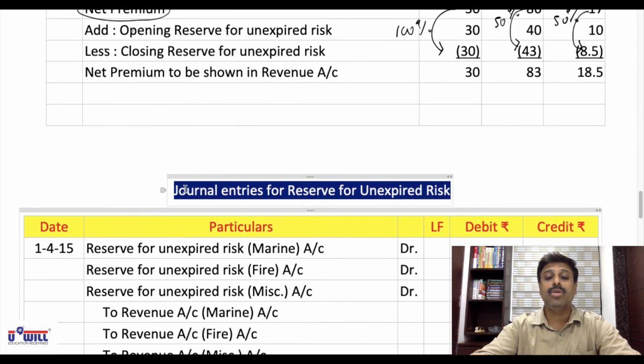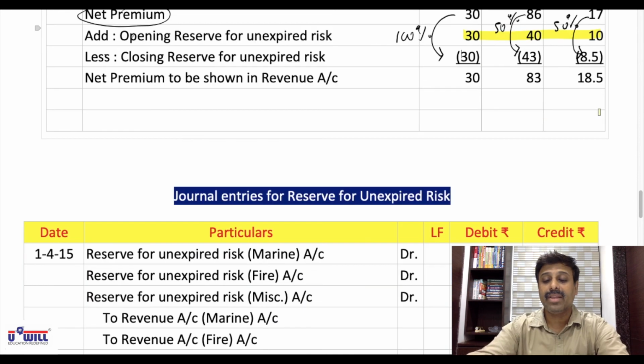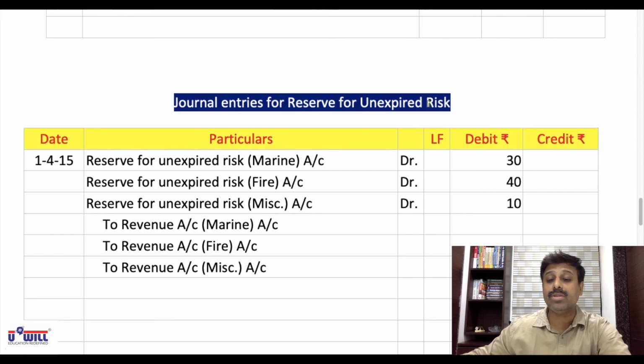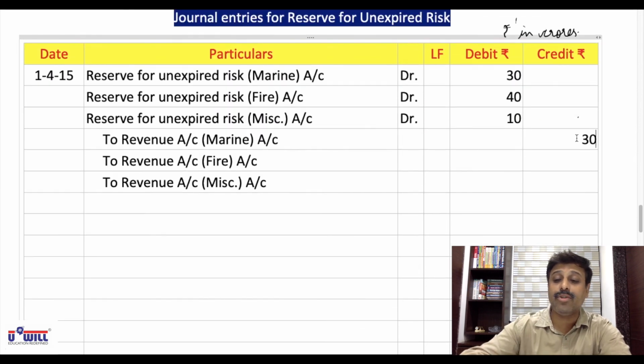What all amounts? Opening reserves means these amounts. Which amounts? 30, 40 and 10. Okay. 30 crores, 40 crores and 10 crores. Rupees are in crores. So marine's 30 will transfer to marine's revenue account.